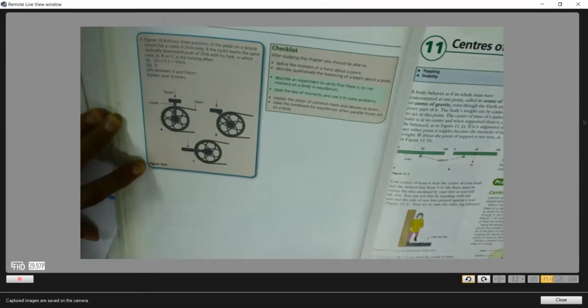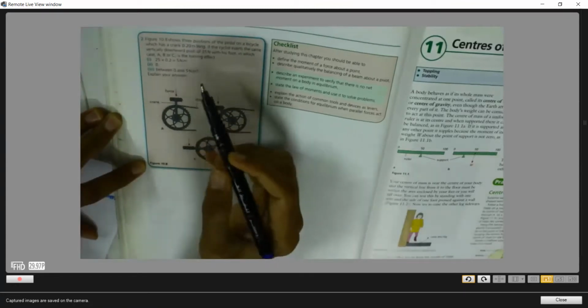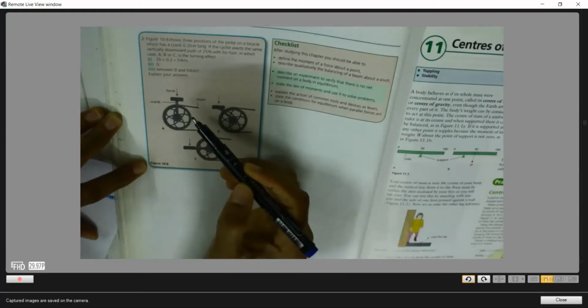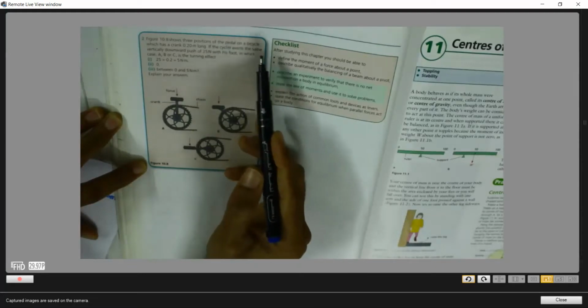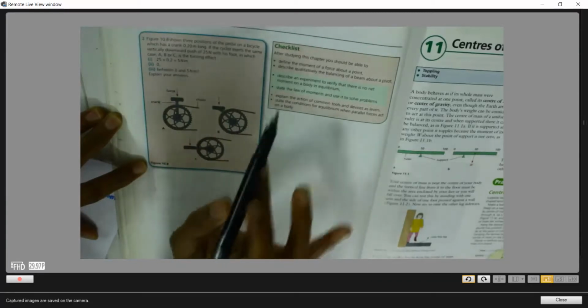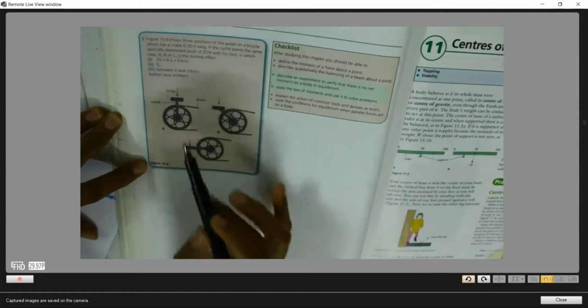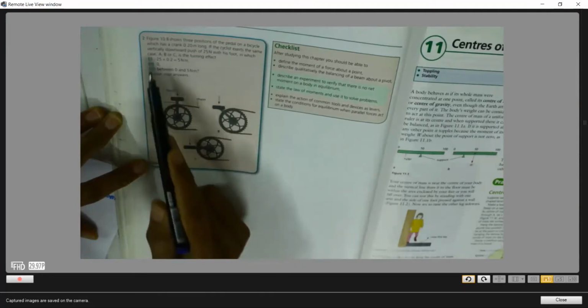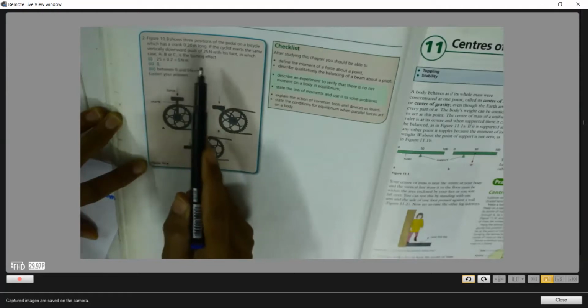Figure 10.8 shows 3 positions of the pedal on a bicycle, which has a crank 0.2 meters long. If the cyclist exerts the same vertically downward push of 25 Newton with his foot, in which case A, B, or C is the turning effect? Part 1, 5 Newton meter.